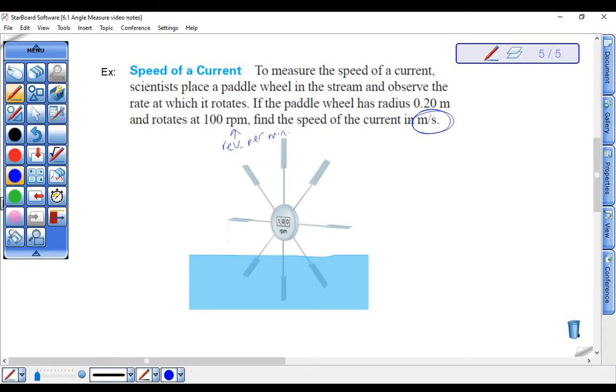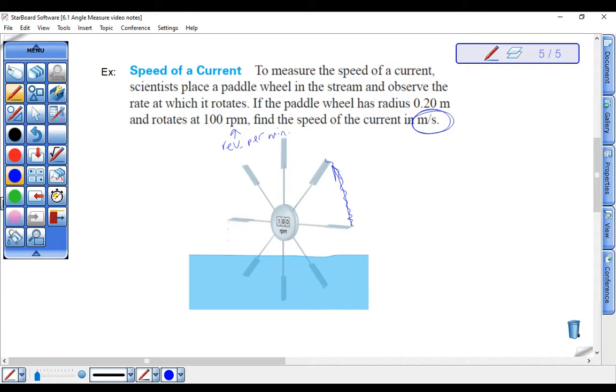So we know the angular speed. We know it's going 100 revolutions per minute. And we want to change that to figure out the speed of the current. Remember, speed is how quickly this paddle goes along this distance along the outside here. That's what's per unit time.